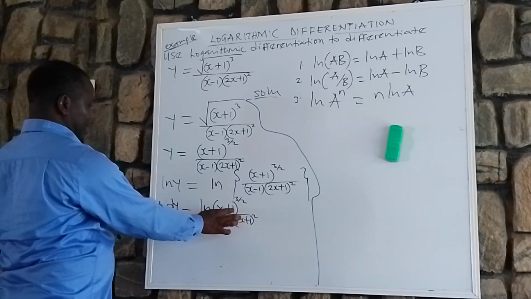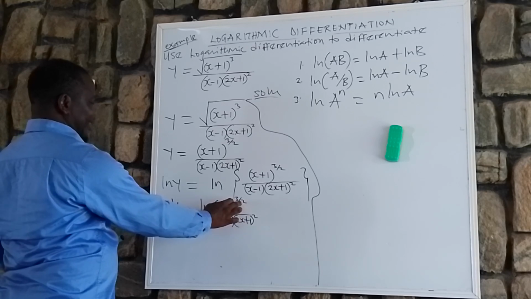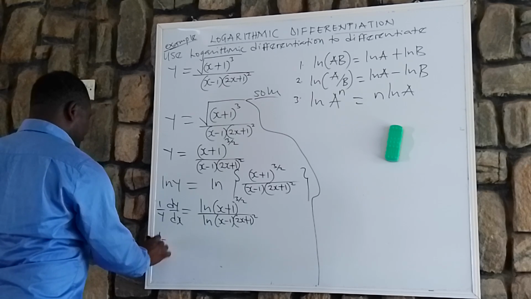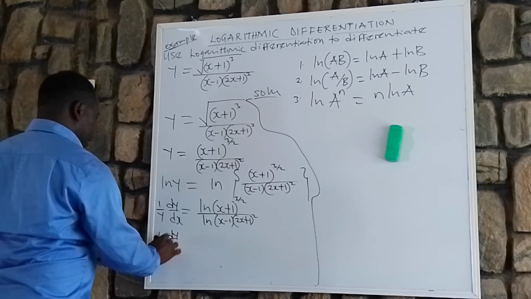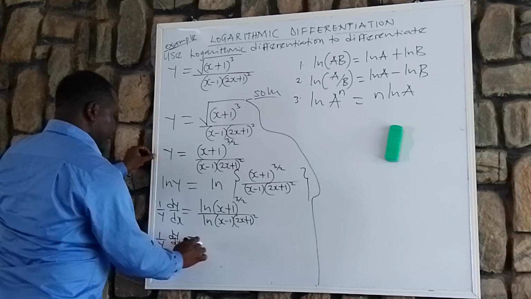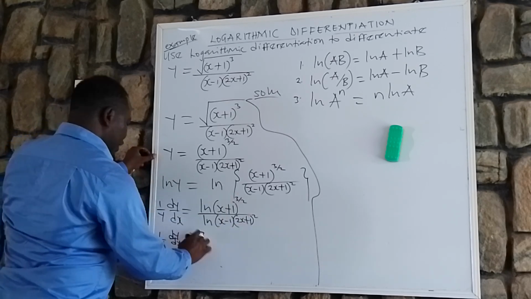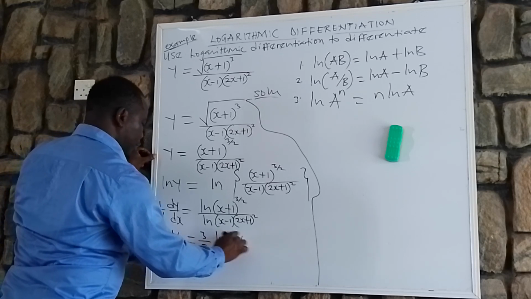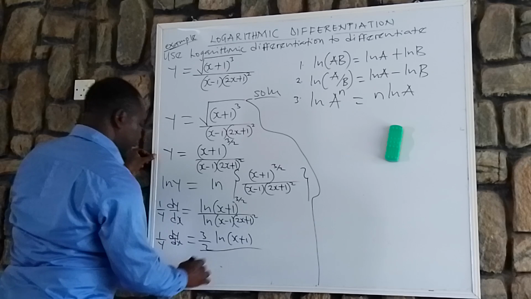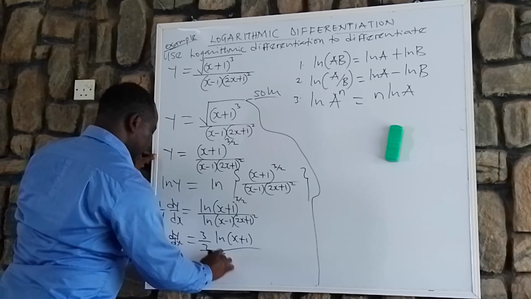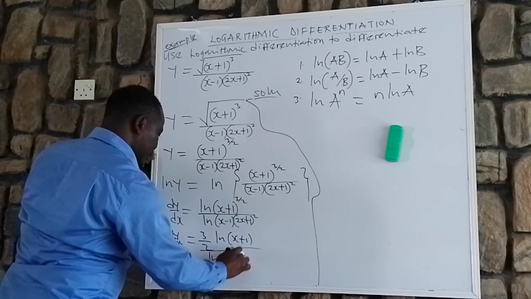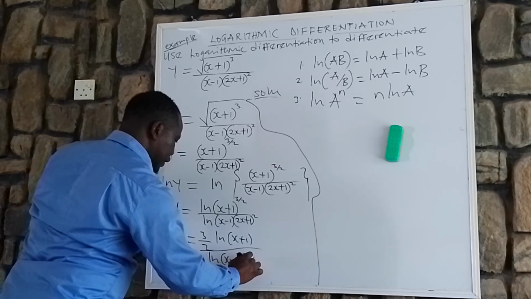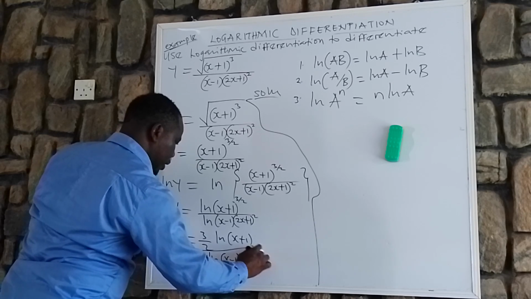So assume that this is your a and this is your n. So that is what we want to do now. Our 1 over y dy over dx is equal to 3 over 2 ln (x + 1) all over ln (x - 1) times (2x + 1) raised to power 2.